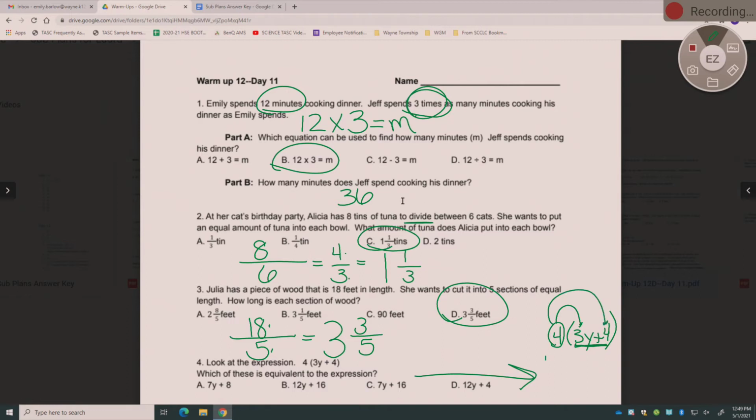So that looks like 4 times 3y plus, because our sign just comes down, 4 times 4. So 4 times 3y is 12y plus 4 times 4 is 16. So that's number 4.